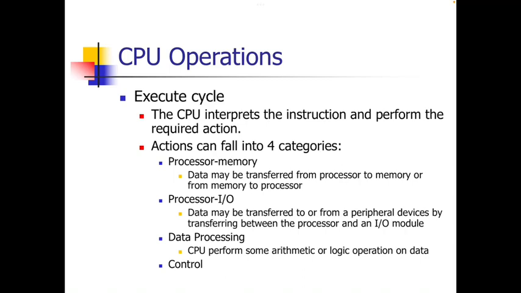If it is data processing, the CPU performs some arithmetic or logic operation. Of course this will use our ALU, because it involves arithmetic and logic, which are contained in the ALU. And if it is control, control means the CPU monitors the sequence of the instructions.